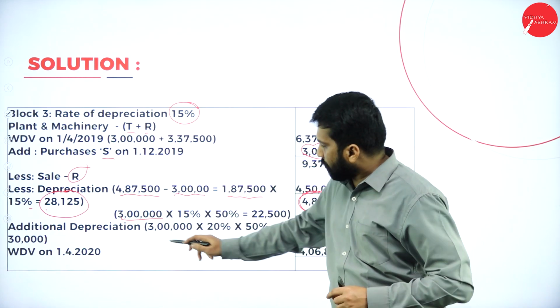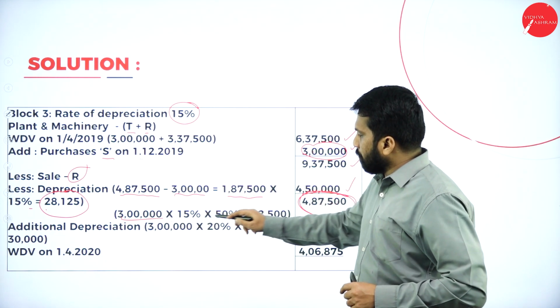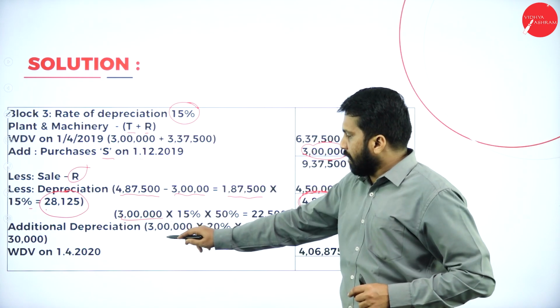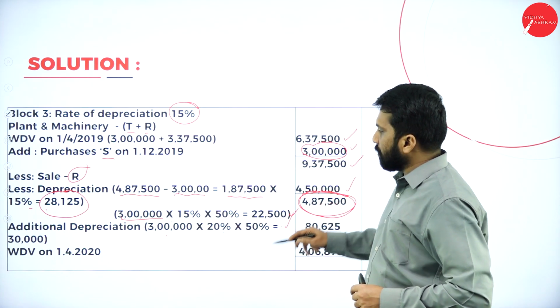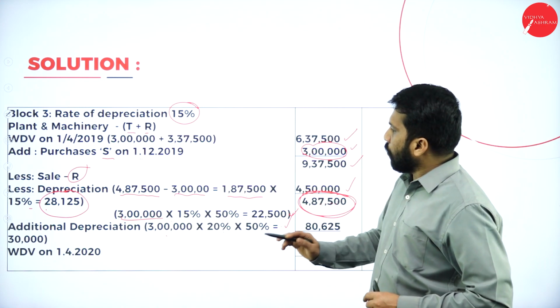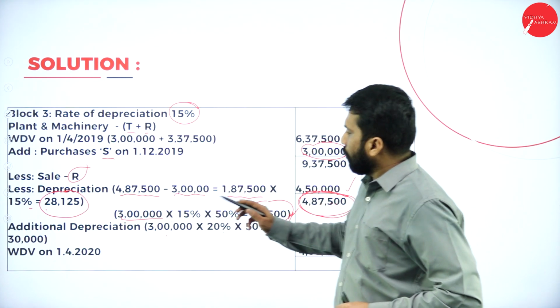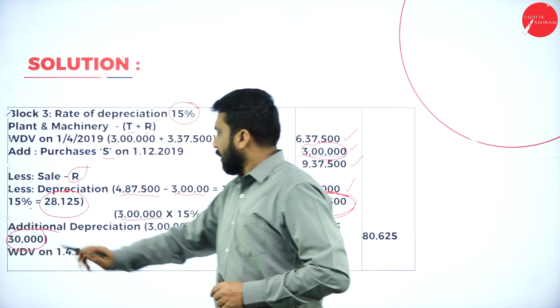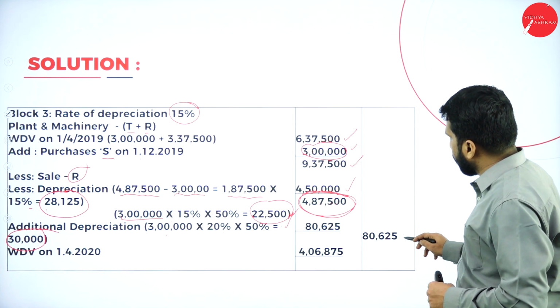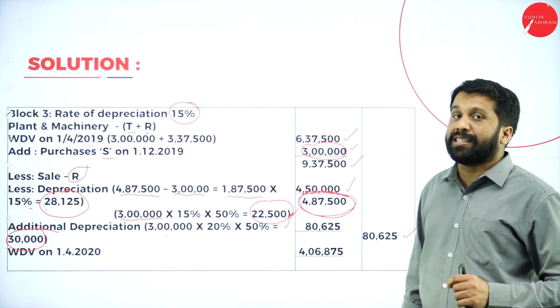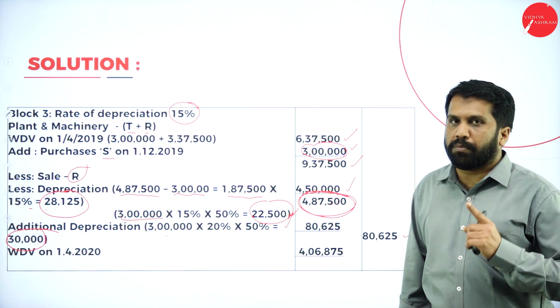Now see, 3 lakh into 15% into 50%, and 3 lakh into 20% into 50%. So you got how much? One depreciation 28,000, one 22,000, one around 30,000. If you add everything, you will get 80,625. Hope you are clear.